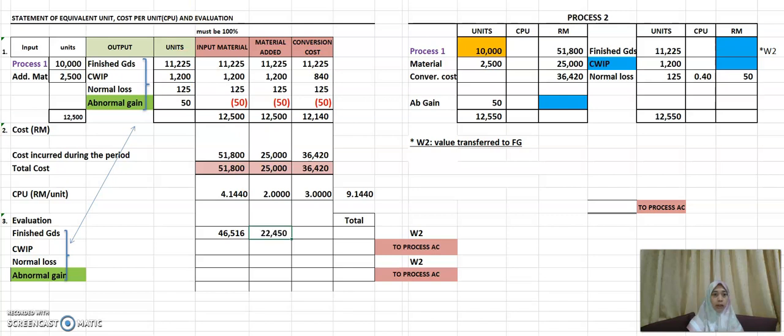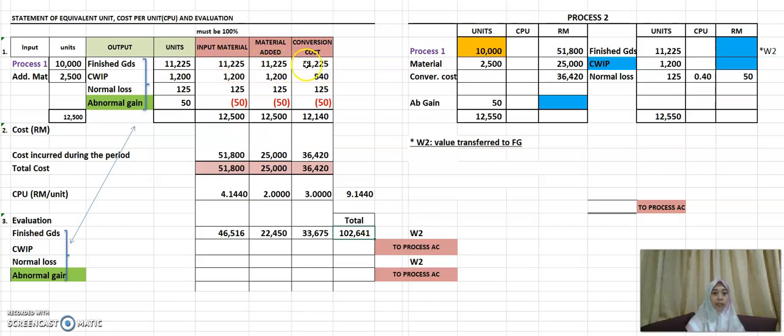So you will have this value and so on. And then you total all these items. That gives you a total of 102,641.